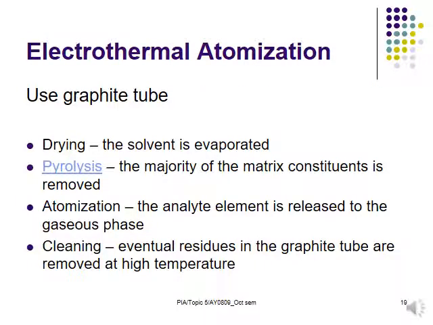Now let's look at electrothermal atomization. When we have electrothermal atomization, we will use a graphite tube. So why do we use a graphite tube? As you all know, graphite comes from the element we call carbon.